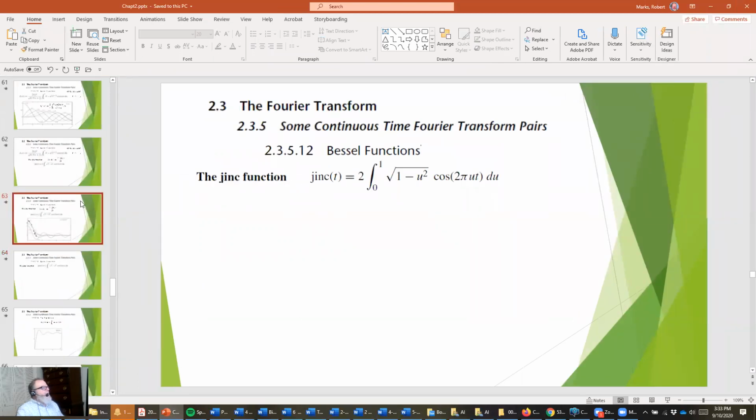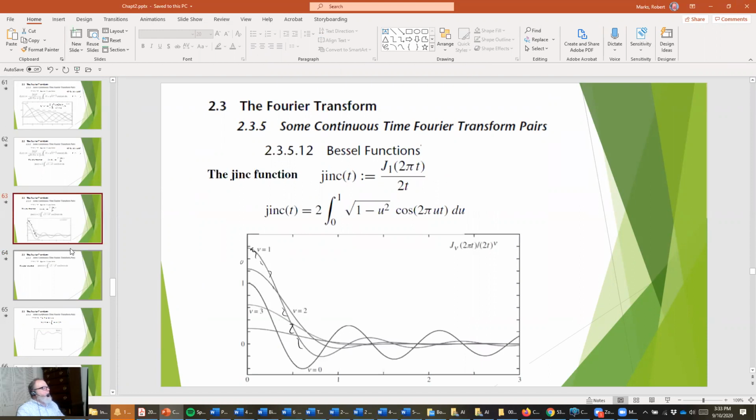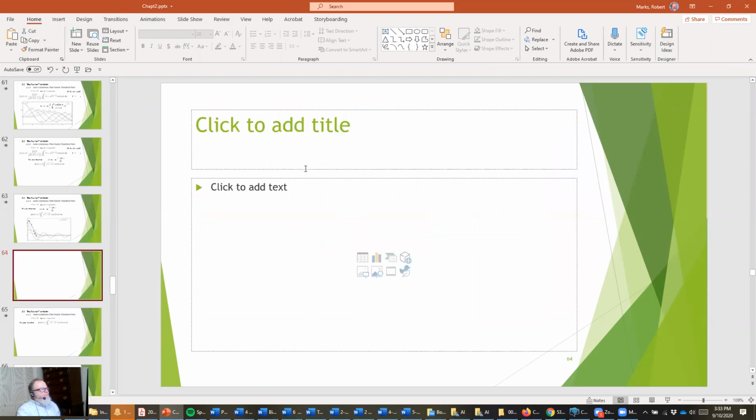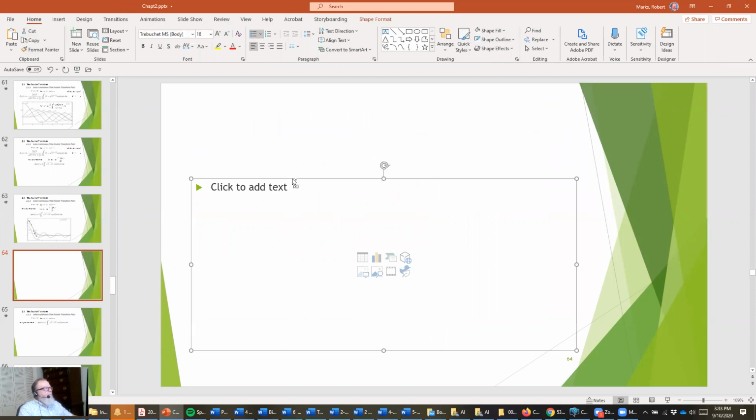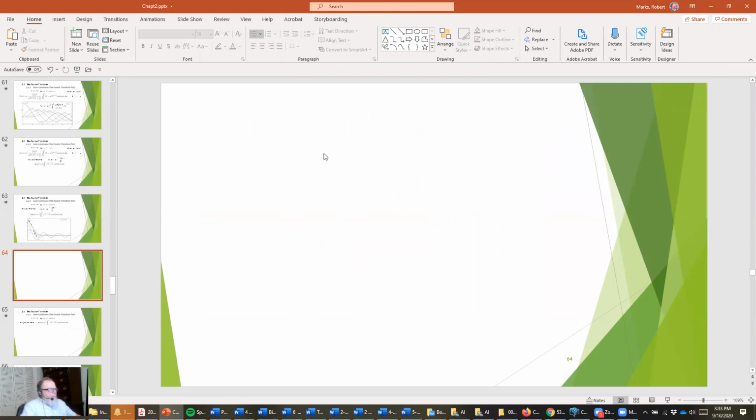Let me go here, and this is kind of where we ended up last time, and I'll add a new page here. But the interesting theorem is that x of at has a Fourier transform of one over a.